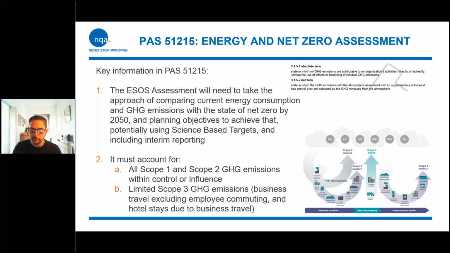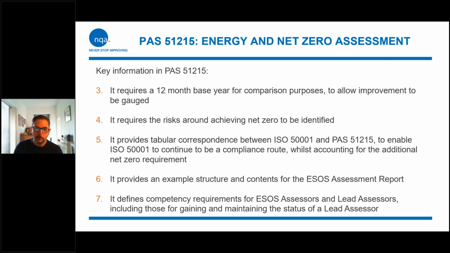And I've also included the diagram that I'm sure we're all used to from the greenhouse gas protocol, which allows us really quite neatly and succinctly to picture scope 1, scope 2 and scope 3 emissions in our heads and have a think about what those are and what they mean. So those two changes are key requirements within the PAS document.